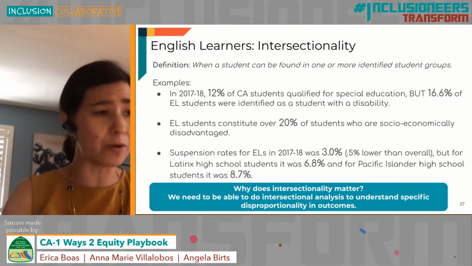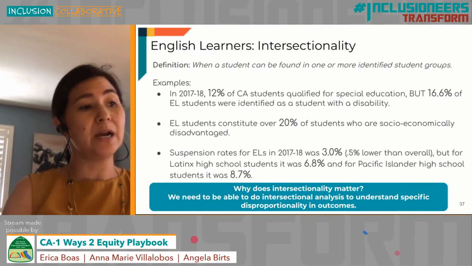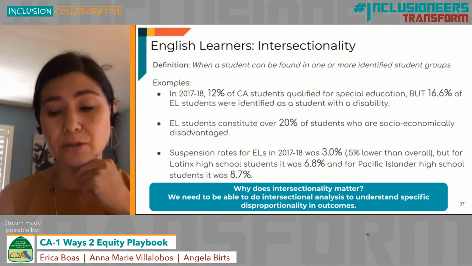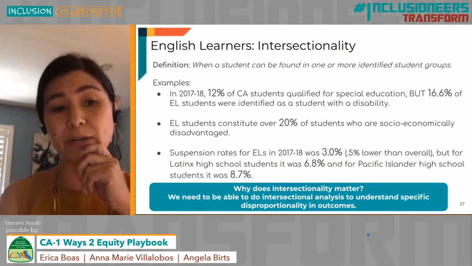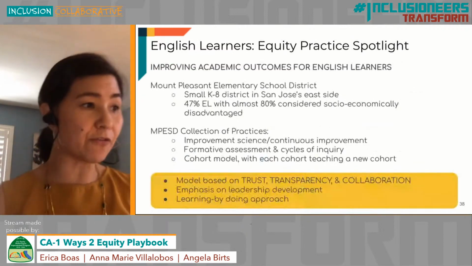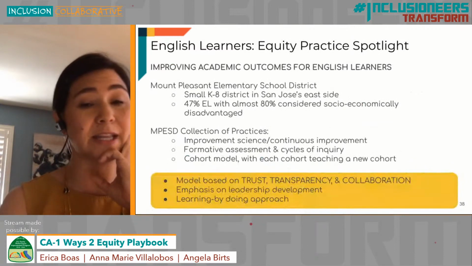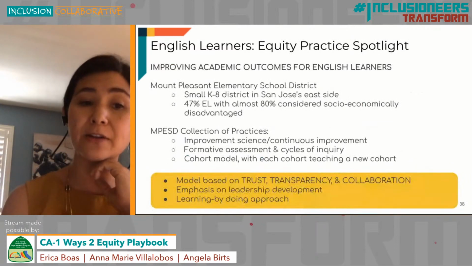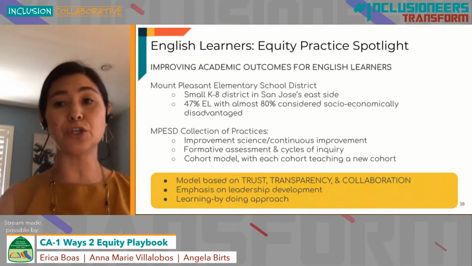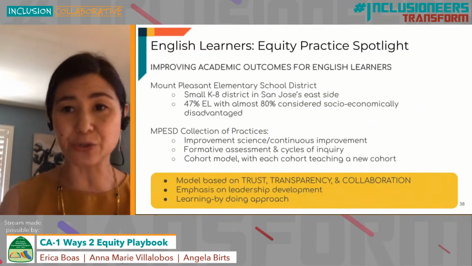So I'm going to talk about a couple of examples of resources and tools and even models that help to address some of the equity issues for English learners. So one of the things we offer in the Ways to Equity playbooks that we haven't mentioned yet are a set of 4 case studies where we worked with partner districts to uplift their equity stories.